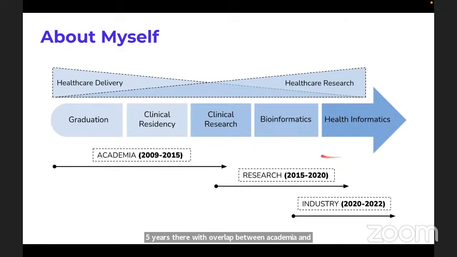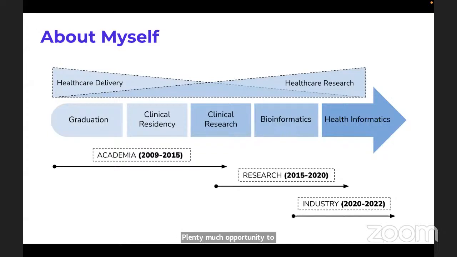Why do I mention this? Because nowadays it is surfacing that there is a big gap between academia, research and industry, and there are certain skill sets which academia doesn't give us that we need for the industry. But there is still plenty of opportunity to upskill yourself and learn new things.